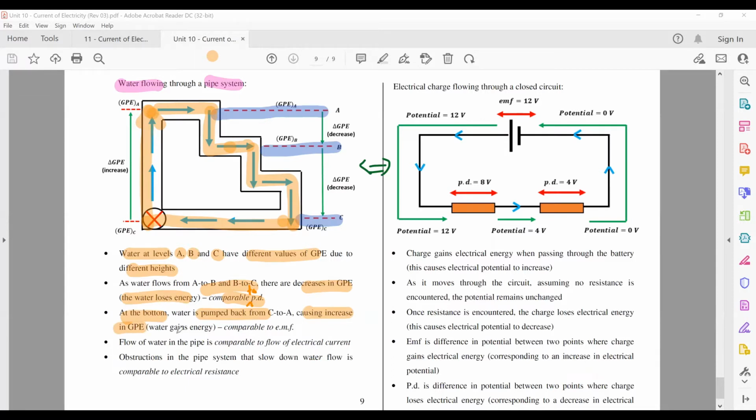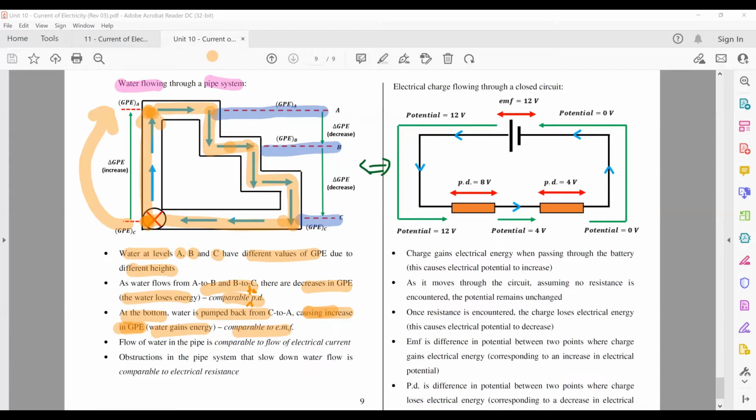The water will actually gain energy as it moves from C back to A. In order for it to move from here to here, you need to put energy in. The water is gaining energy, and that energy that is gained is converted to increases in GPE. Now, this one will be comparable to EMF inside a circuit.